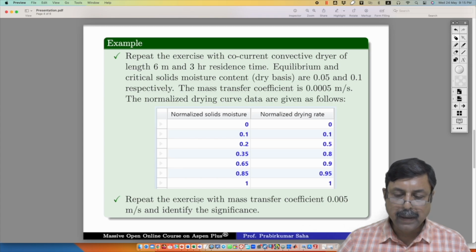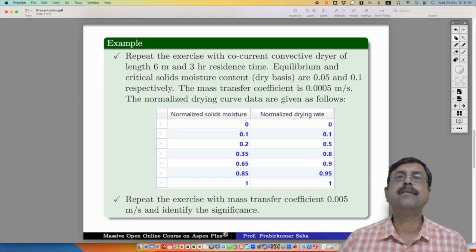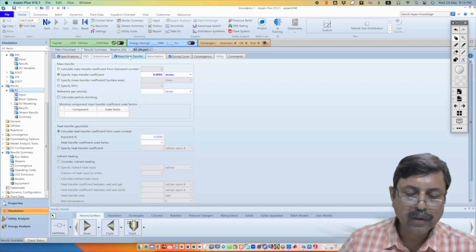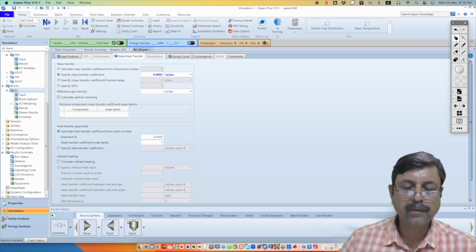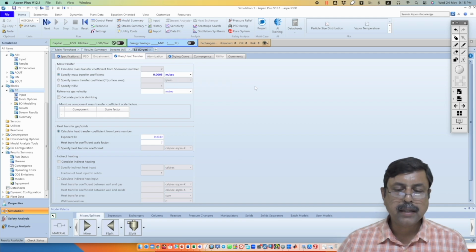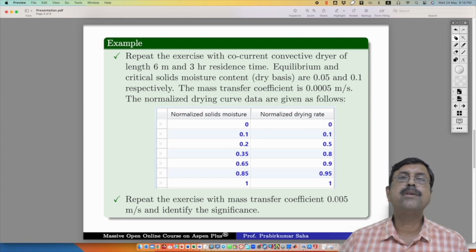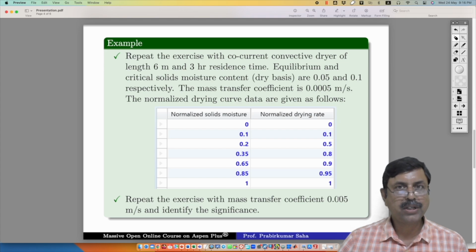Now let us repeat this exercise with a mass transfer coefficient of 0.005 and identify the significance. In the current case, our mass transfer coefficient was 0.0005, but in the revised problem, they are asking us to use 0.005. So a 10 times increase in mass transfer coefficient is advised here.